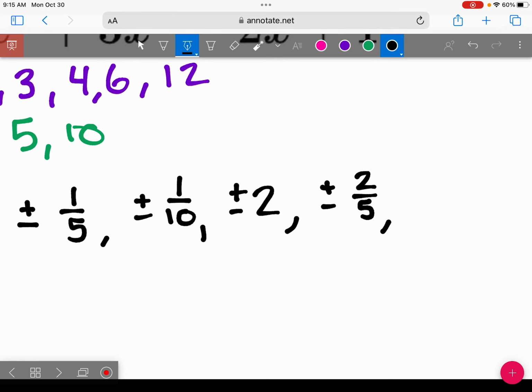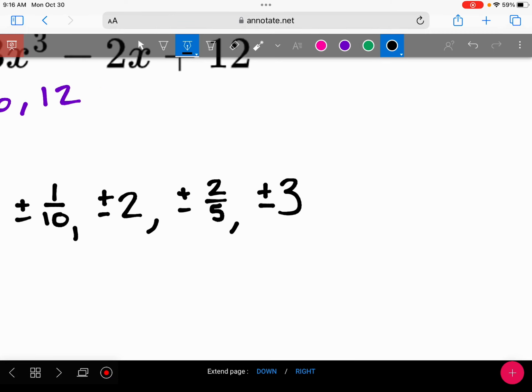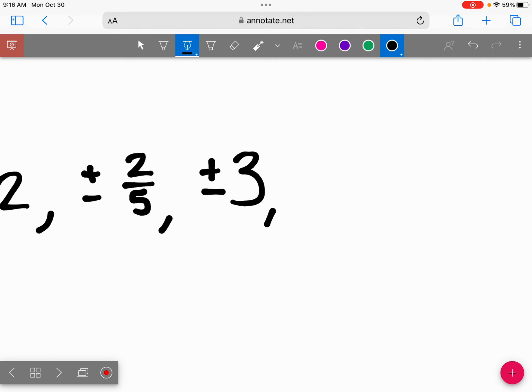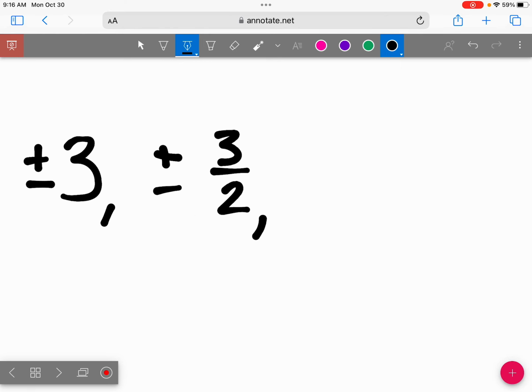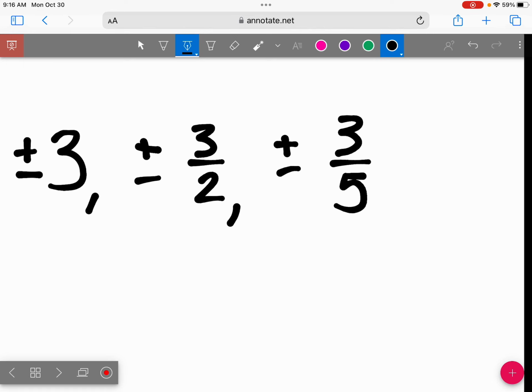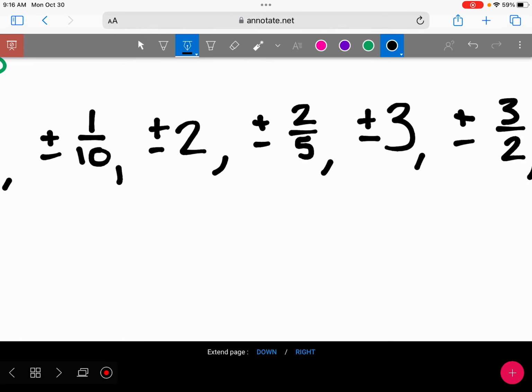Then I'm going to go to my next factor of p, 3. 3 over 1, plus or minus 3. 3 over 2 is not in my list. So we're going to put that in here, 3/2. Plus or minus 3/5, and plus or minus 3/10. Neither one of those will simplify into something we already have.